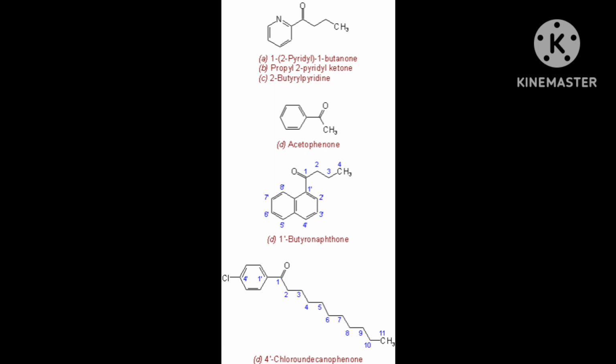Mesityl oxide, you remember, means here total carbon is 5. (CH3)2 is 2 carbons, attached with C, 3rd carbon, after that double bond CH, that is the 4th carbon.